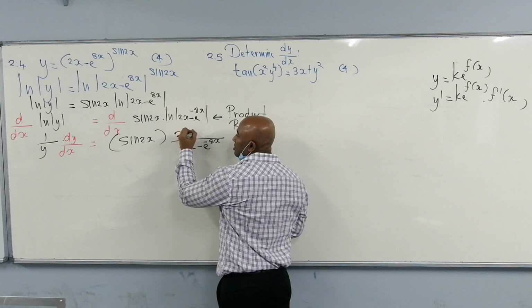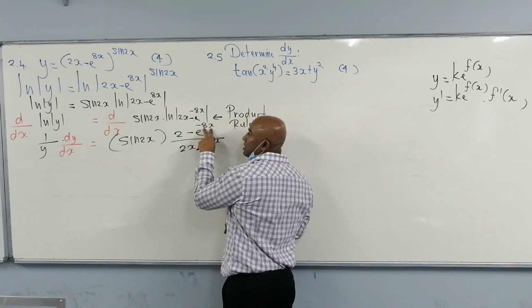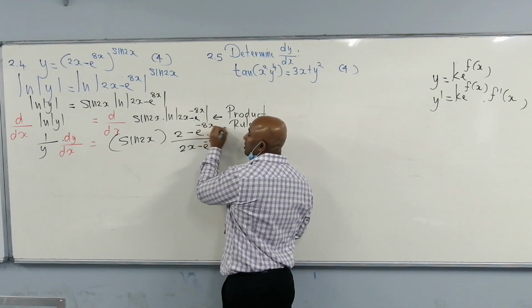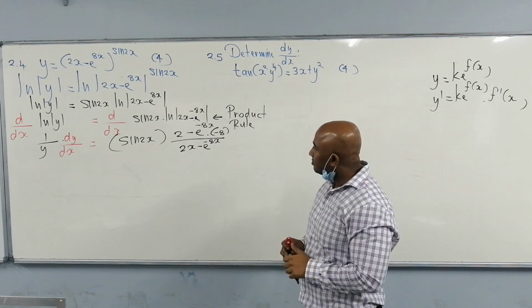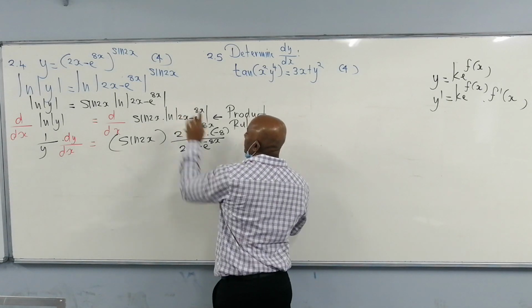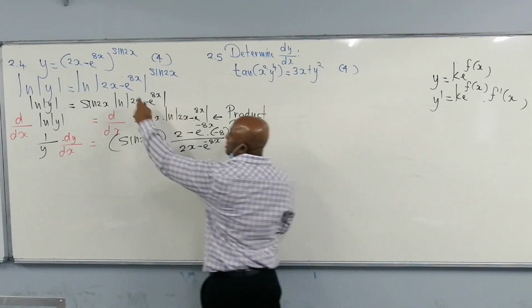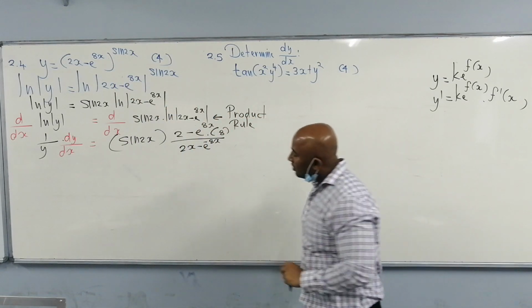So the derivative here is going to be minus e to the power 8x times the derivative of 8x, which is 8. Oh, sorry, that's positive there. I copied it down positive.